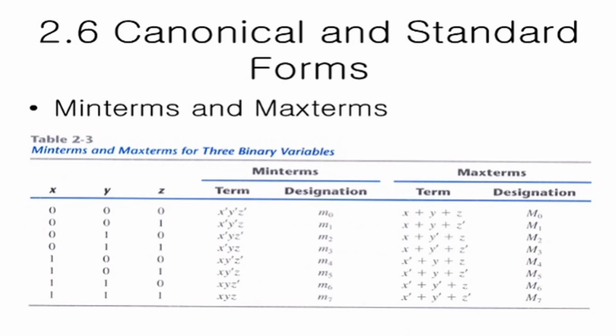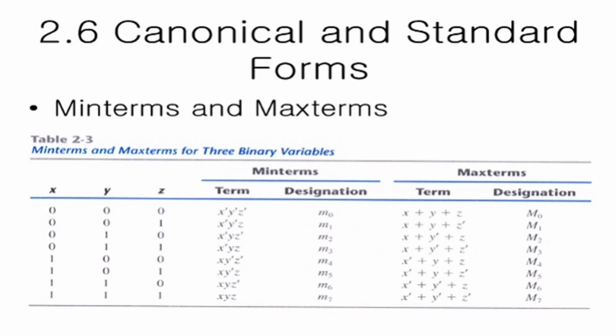So next for 2, that is 0, 1, 0. I have already told you x bar, y, z bar is the min term. If you want to take the inverse, first you have to apply the duality.